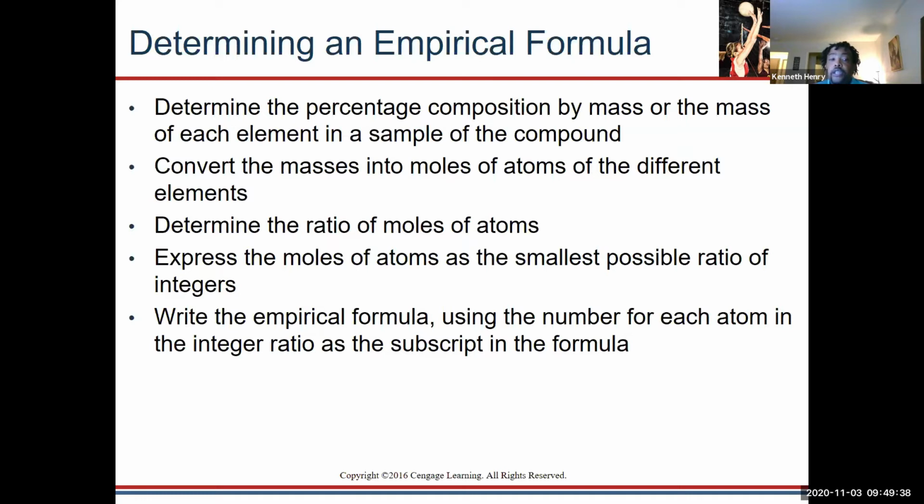And then we take the ratio between the elements. We do that by looking at the one that had the smallest numerical value and dividing them all by that value, seeing whether or not we can come up with a whole number.